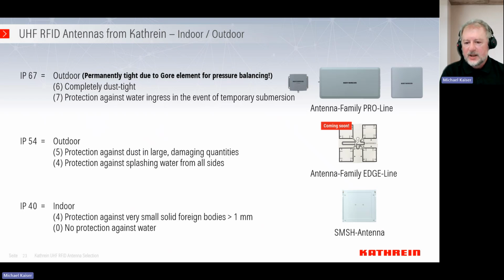With the smaller size of the antenna, as you see the smart shelf antenna and the low range antenna, we don't need this GORE element because the volume is too small, and these antennas are also ultrasonic soldered, so that we don't have this problem with these antennas. They are IP67 also without this GORE element. The bigger sizes, with a 70-degree antenna, with a 30-degree antenna, have this vent element included.